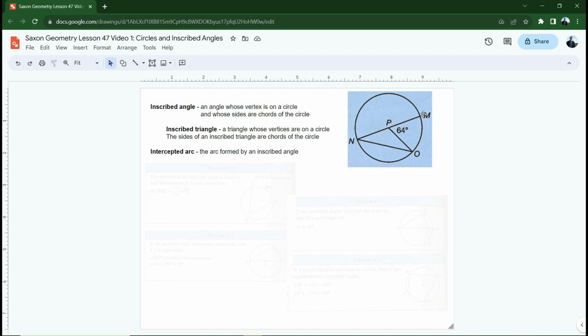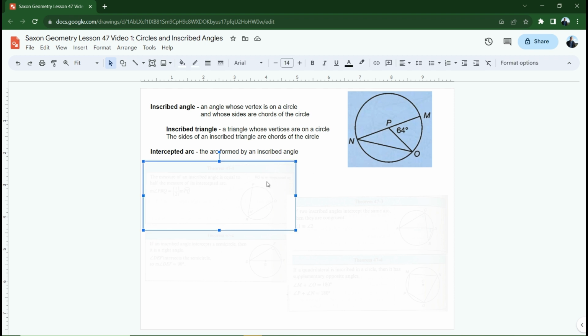So of the angle MNO, which is an inscribed angle, the intercepted arc would be arc MO right here. It's the arc formed where the two sides of the inscribed angle meet the other side of the circle. There, it forms an arc that is our intercepted arc.